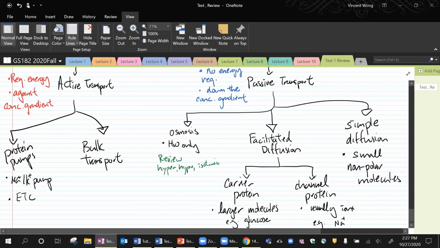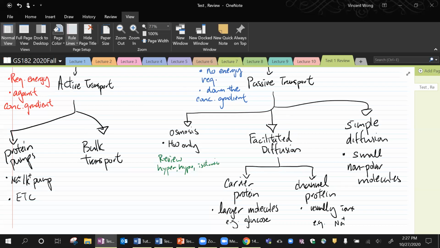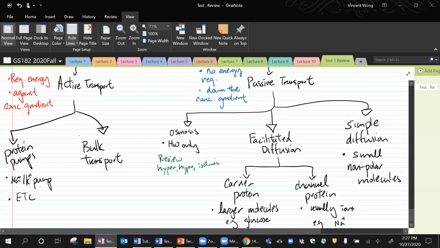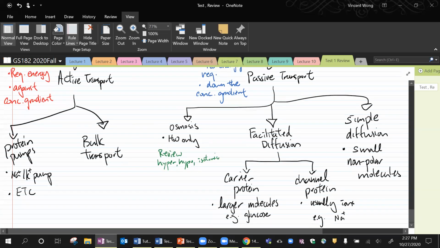That is actually an example of active transport. The only difference is we're not using ATP as the energy source. We're using the high energy electrons from the energy carrier to pump protons from the matrix to the intermembrane space.